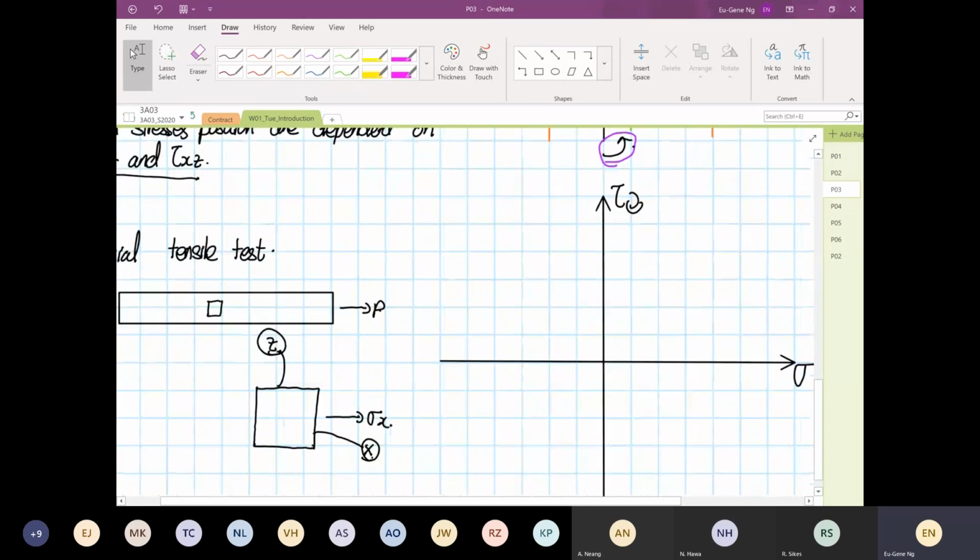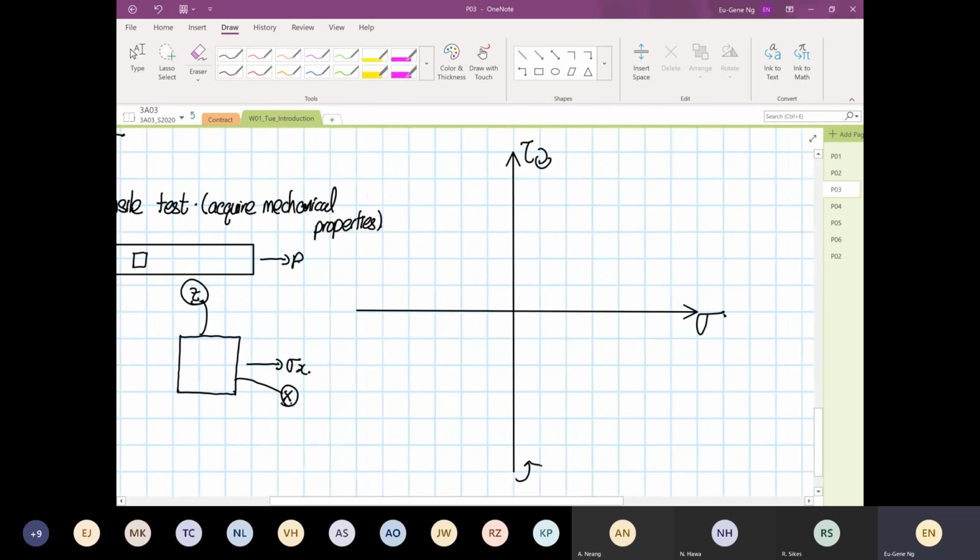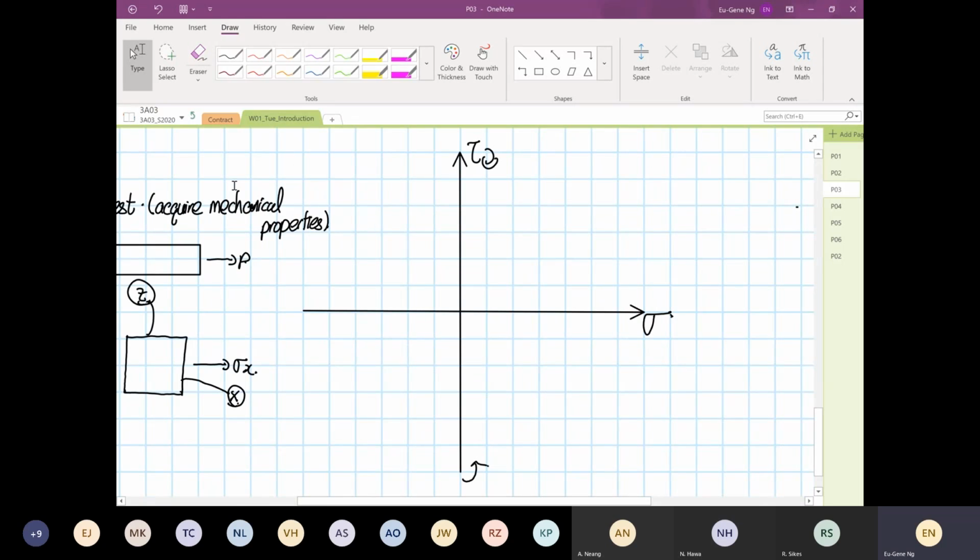This is to acquire mechanical properties. You did this to acquire what? Mechanical properties. So from here, you did a test. Again, we plot on the Mohr circle. So we come to this value.